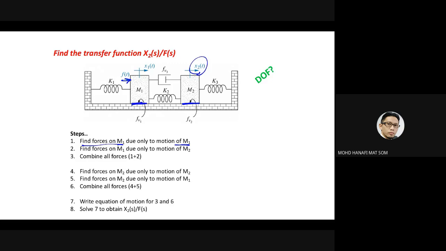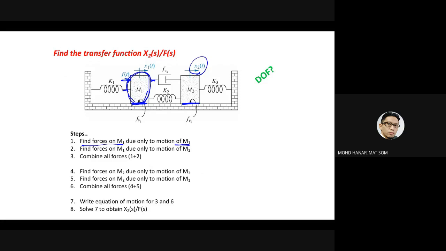We consider mass M1 and motion of M1, so we have to consider everything across M1. So we have K1, we have FV1, we have K2, and we have FV1.